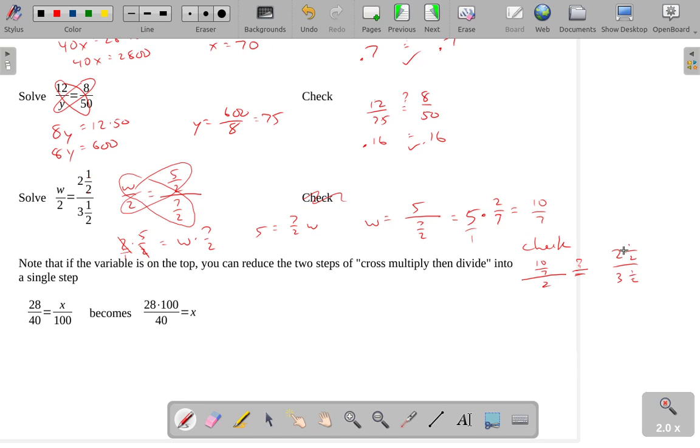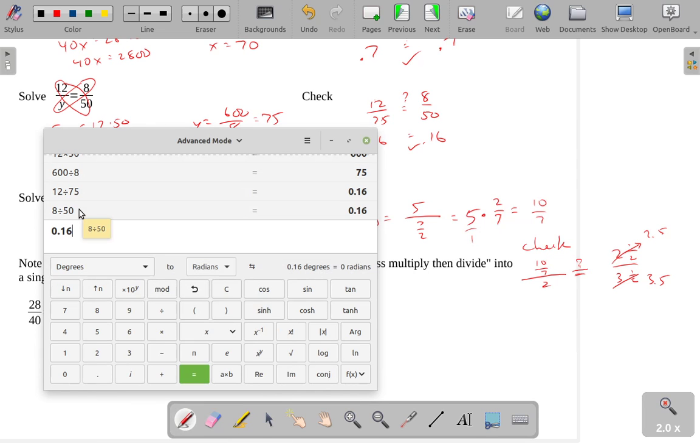As far as plugging these into the calculator, I'm just going to call that 2.5 and this one 3.5. That would be another way I could have dealt with this one. Instead of working with fractions, I could have just called them 2.5 and 3.5. That'd probably be easier. Whatever, it's done. Checking the left-hand side, I want to take the top fraction, which is 10 sevenths, and divide it by 2.